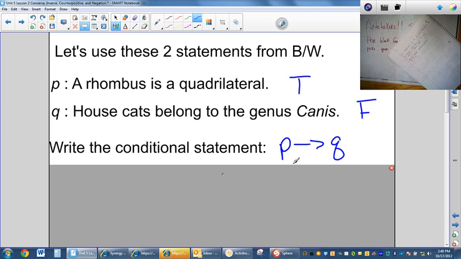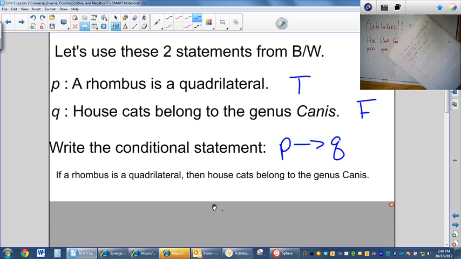So if P then Q, my conditional statement is going to be what? Anna. Perfect. That's our conditional statement.